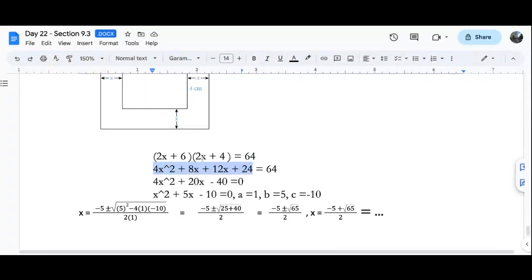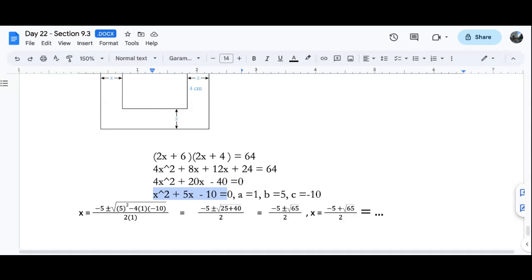So we get 4x squared plus 24, then plus 2 times 6, which is 12x, and 4 times 2x, which is 8x. So add up like terms, we get 4x squared plus 20x minus 40 equals 0. Simplify, divide by 4. So we get x squared plus 5x minus 10 equals 0.